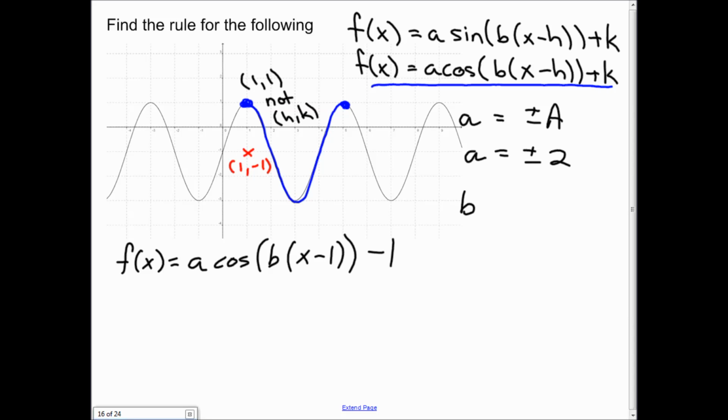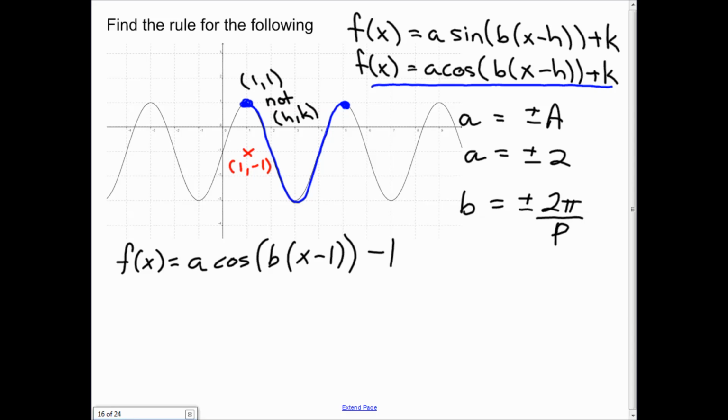Our b, let's recall, for sinusoidal functions is equal to plus or minus 2 pi over the period. And the period is the length of time or the length of distance, space, whatever it is that the horizontal axis represents. It is the length before the cycle begins to repeat itself.